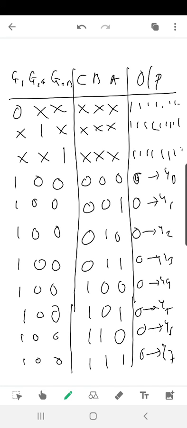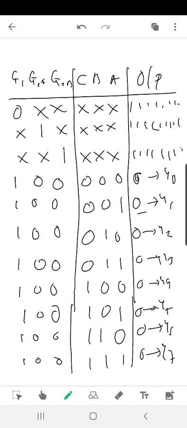So when G1 equals 1, G2A and G2B are 0 and ABC is 000, the output Y0 will be at 0 and all other pins will remain at 1. In the next case Y1 will be at 0 and all other pins at 1, and so on.